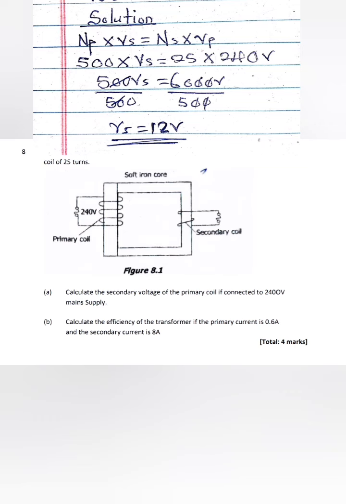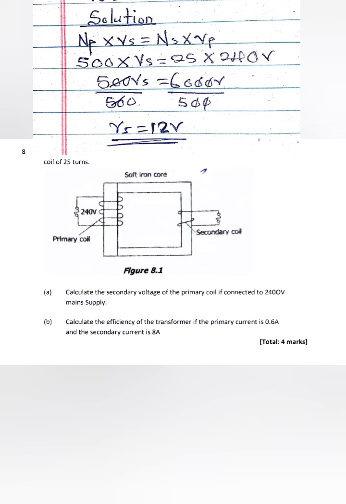This concludes that the transformer in figure 8.1 is a step down transformer because it is stepping down the voltage of an AC. On the primary coil we have 240 volts, and on the secondary coil we have 12 volts.